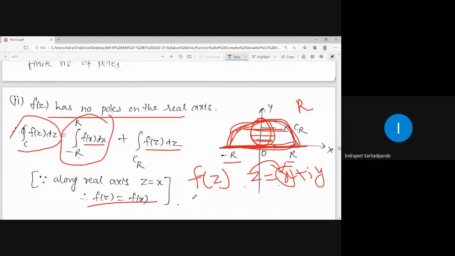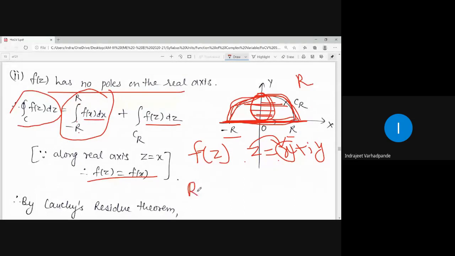See, what I do, large radius means I will tend r to infinity. So these limits, minus r to r, will become minus infinity to infinity. And in such case, for a large radius, this particular term vanishes or tends to 0.